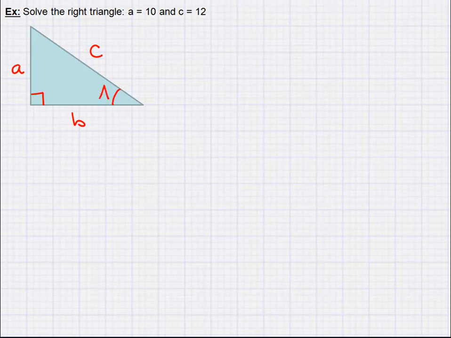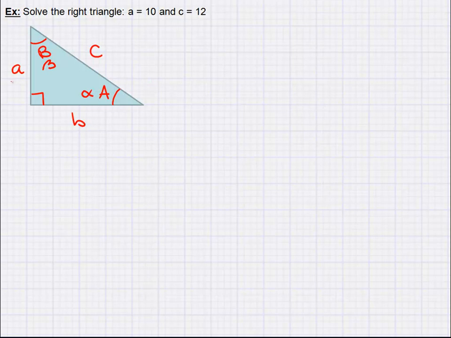So this will be labeled capital A and this will be labeled capital B, because that angle is opposite that side, that angle is opposite that side, and they should have the same letters. If you don't want to use capital letters, you might also see the Greek letters, beta and alpha. But this is your typical setup for a right triangle.